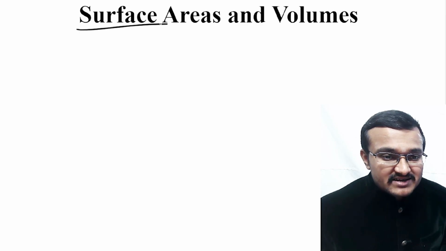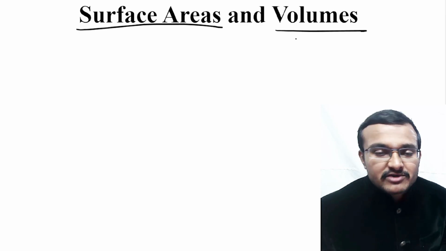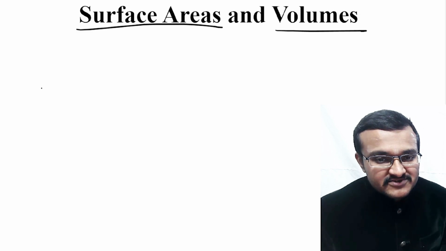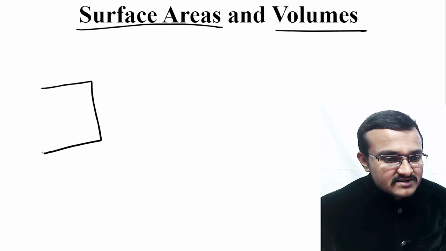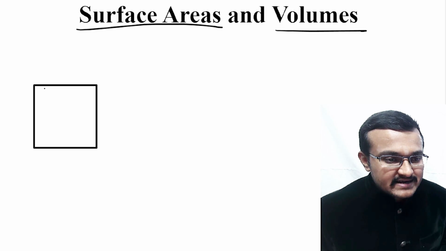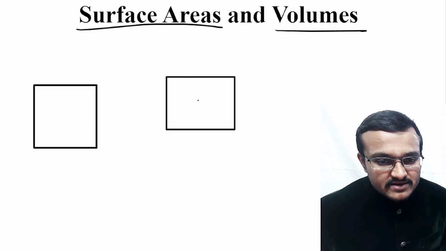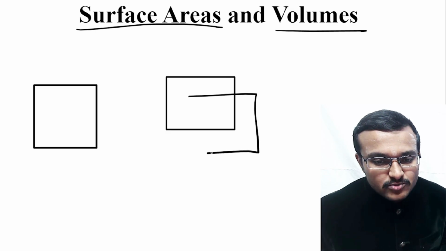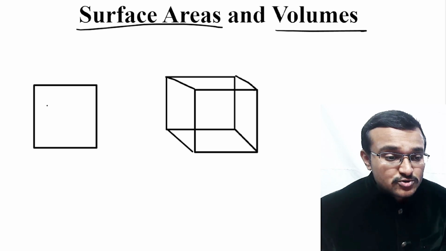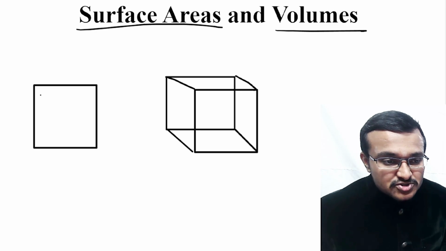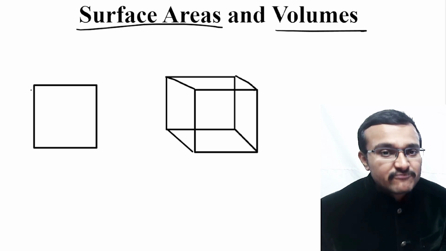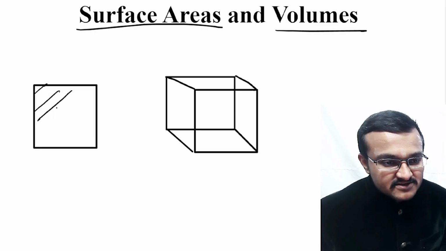So what do you mean by a surface area and what do you mean by volume? In order to understand surface area, we can consider a square or a rectangle and a cube. So now we have a square and a cube or cuboid. If you consider a two-dimensional image like this, you don't have any volume, you just have the surface area.